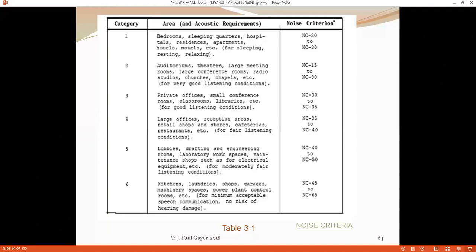And that's your target for your receiving room. And this obviously is a kind of coarse way to approach the setting of the acoustic environment in the receiving room, but it has proven to be workable over long periods of time, many decades.